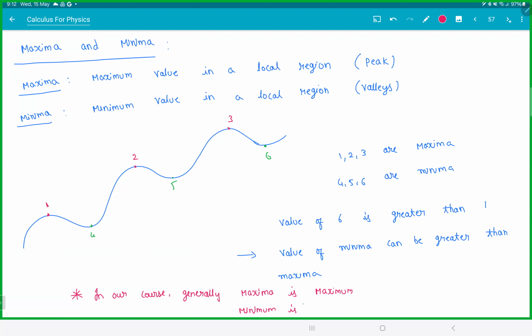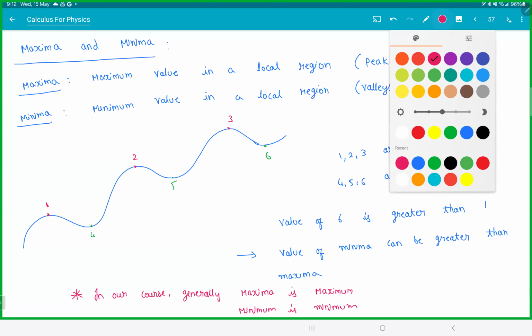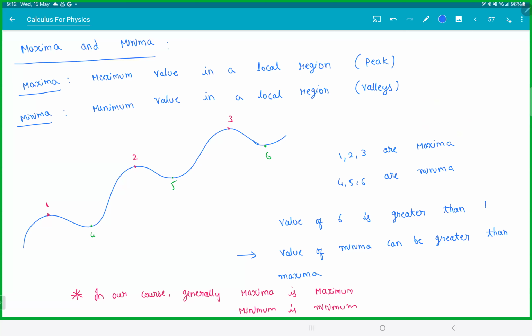But for us, that is enough, meaning for the kind of problems we do, it works out. So just keep that in mind. Now let's see in more detail about this maxima and minima. Everyone clear with this page?